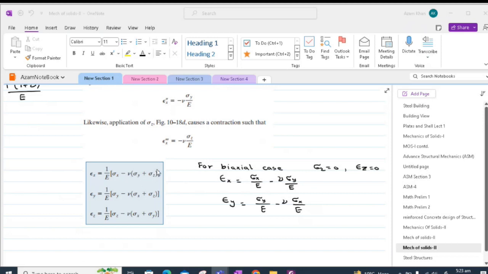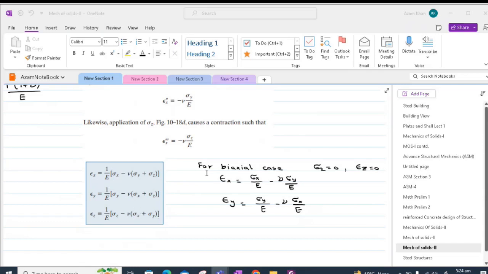In a similar manner, we can derive the strain expression in the y direction equal to 1 by E [sigma y minus nu (sigma x plus sigma z)], and epsilon z equal to 1 by E [sigma z minus nu (sigma x plus sigma y)].